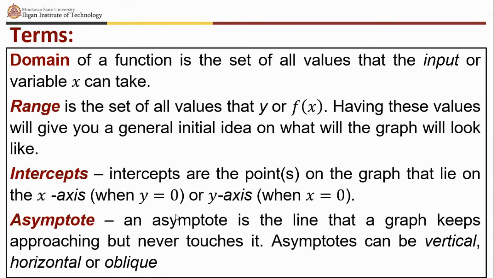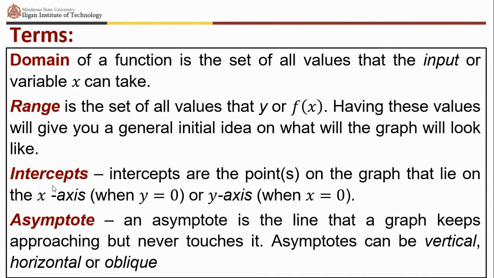In graphing logarithmic functions, we need to familiarize the terms domain, range, intercepts, and asymptote. For the domain, these are just the values of x. For the range, these are just the set of values of y. For the intercepts, we have the x-intercept and the y-intercept.